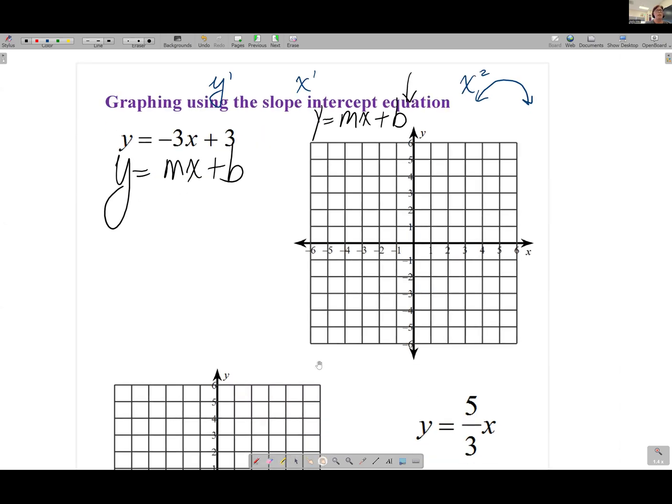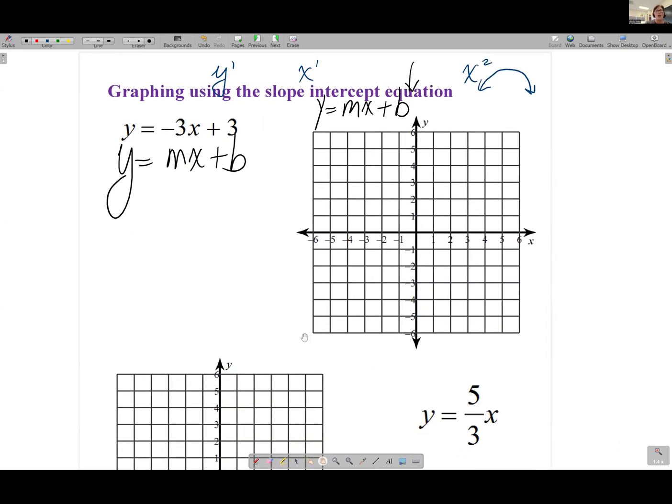Step number 1, you write the equation. Always write the equation directly underneath, always. Number 2, we're going to identify what is our y-intercept right here, and we're just going to write it down. Step 3, we are going to identify our slope. Remember, it's rise over run. So our rise is -3, and you're like, there is no run.